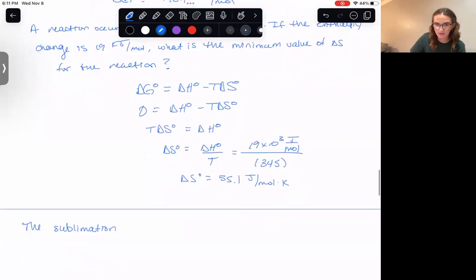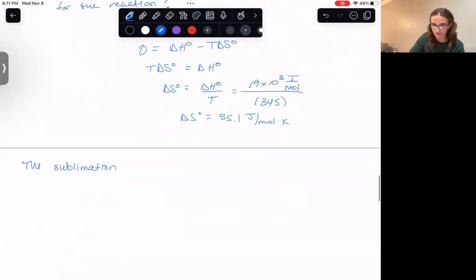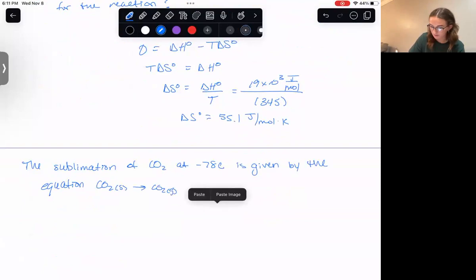Okay, and then the last one is the sublimation of CO2 at negative 78 degrees Celsius, given by the equation CO2 solid goes to CO2 gas.